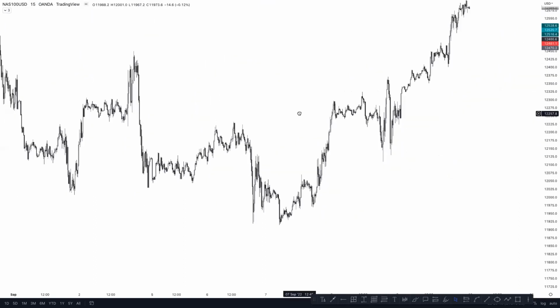So right now, what happened here? First of all, mark the structure. Which one is here? Let me check this one. Okay, perfect. So this is our lower low, inducement taken out.